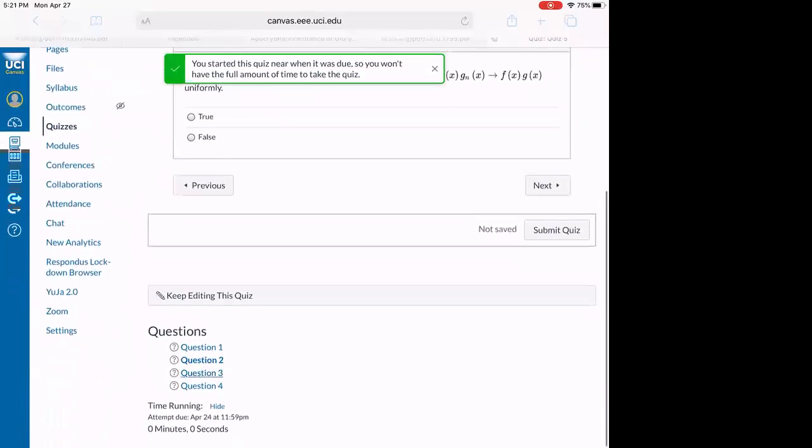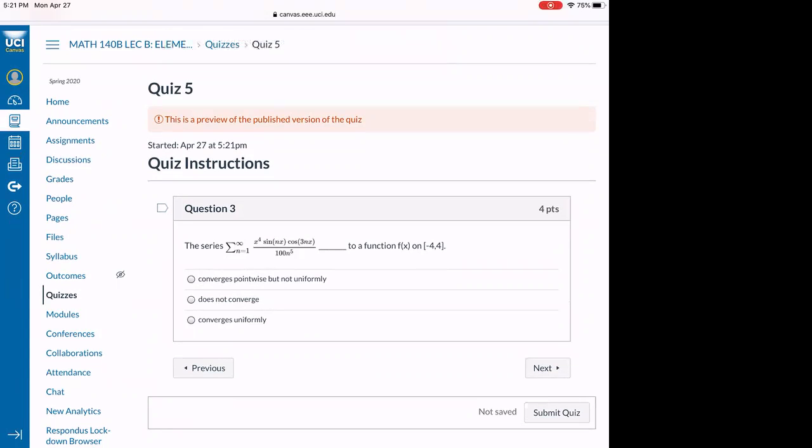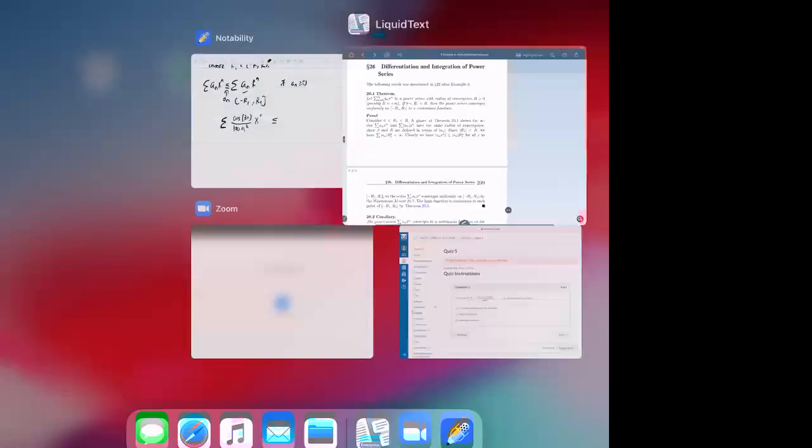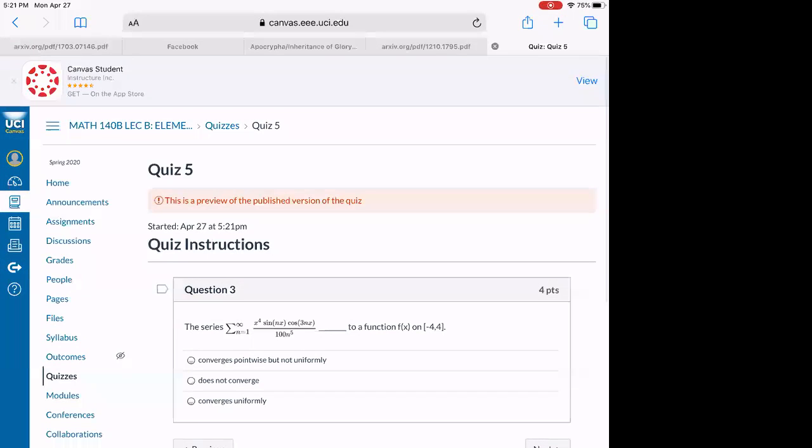No, it was question 3. Oh, I see. Yeah, so on -4 to 4. Okay, that makes more sense. So let me just copy that. So 3n and n to the 5th.